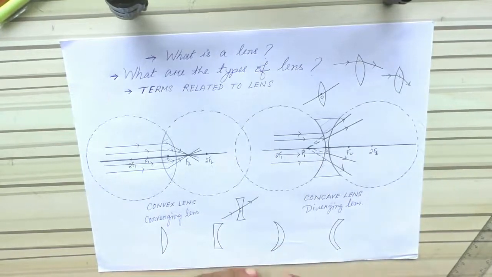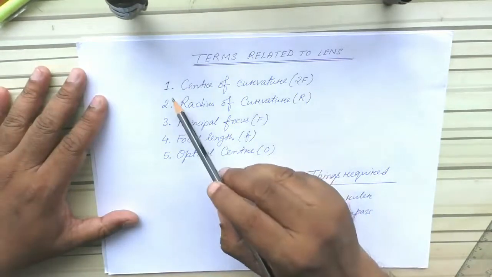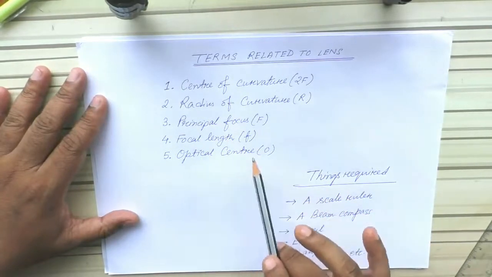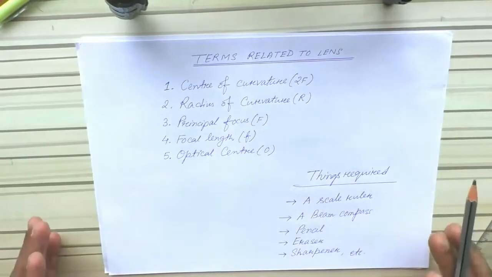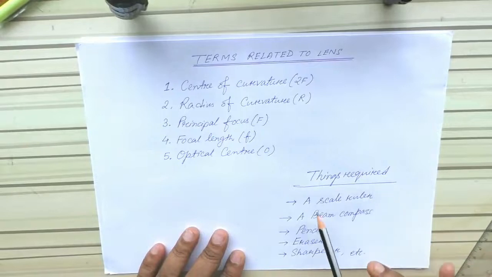So we discussed important terms related to lenses that will help us in drawing ray diagrams for both the type of lenses, convex as well as concave lens. After discussing these 5 important terms, center of curvature, radius of curvature, principal focus, focal length, optical center, I should say to you that for drawing ray diagrams, the important things required: a scale, ruler, a beam compass, a pencil, eraser, sharpener.